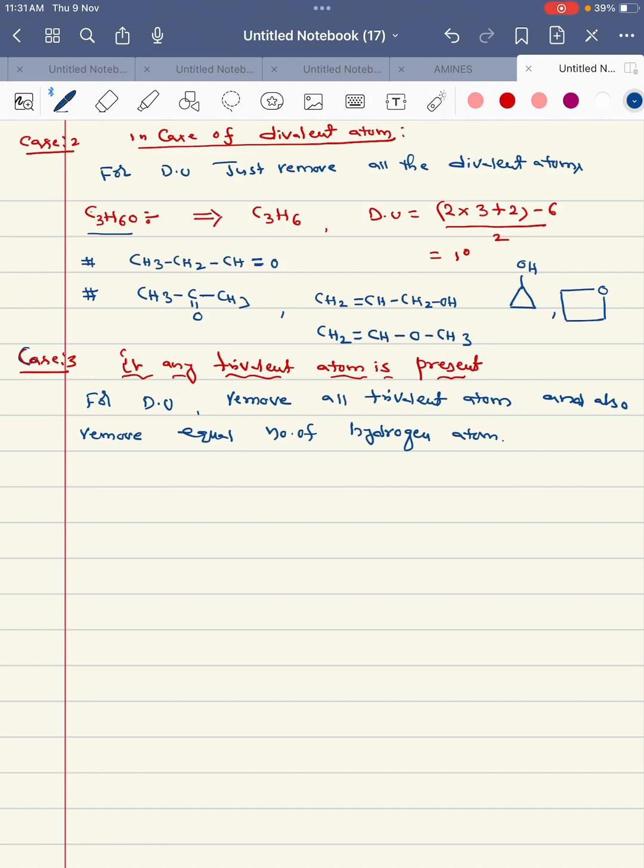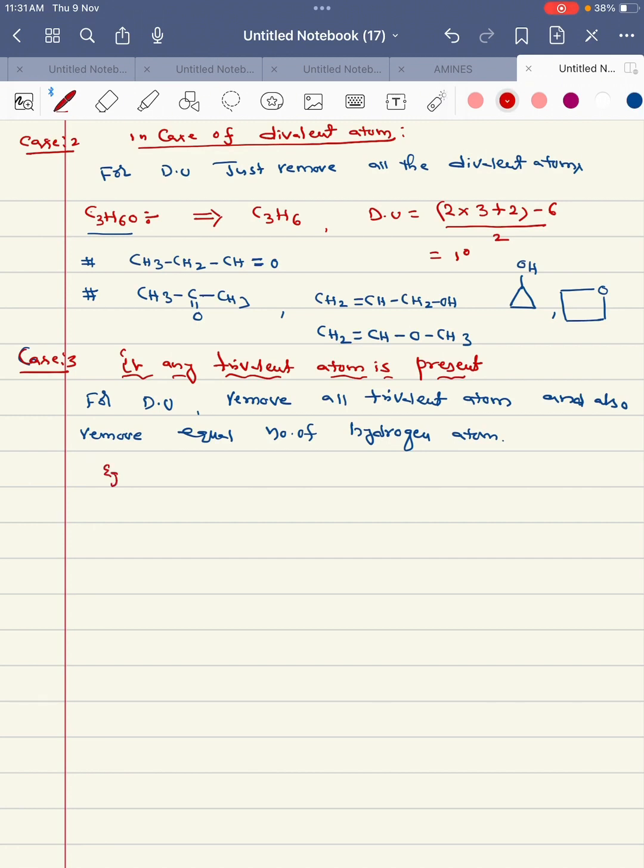See that at the very beginning, in case of monovalent atoms, we removed all the monovalent atoms and added an equal number of hydrogen atoms. Now, in case of a trivalent atom, for DU you remove all the trivalent atoms and also remove an equal number of hydrogen atoms.